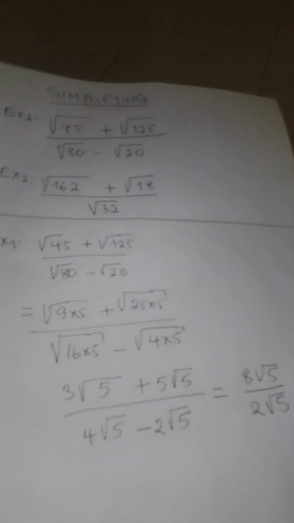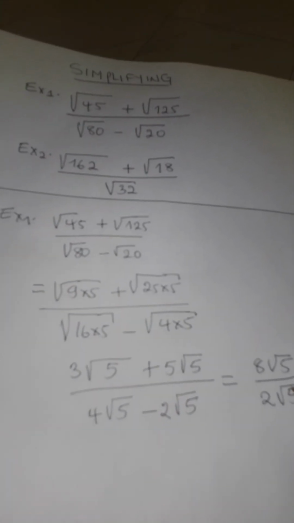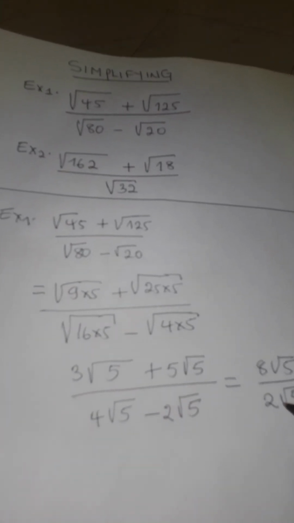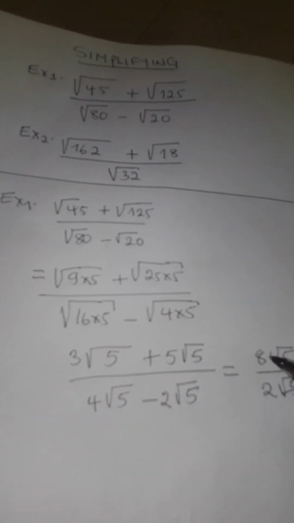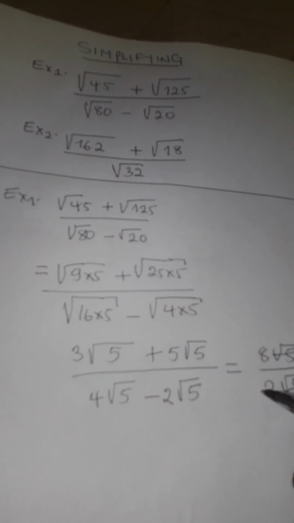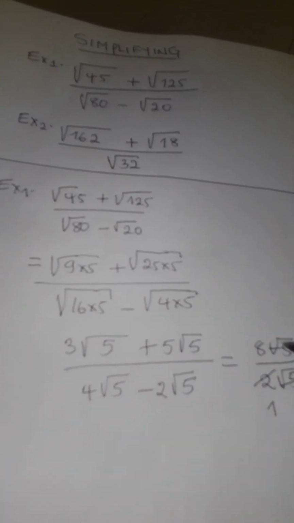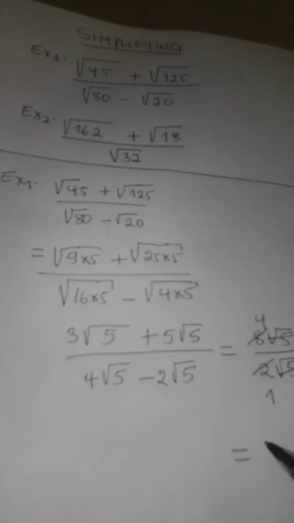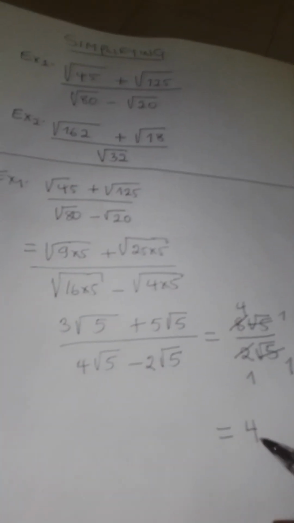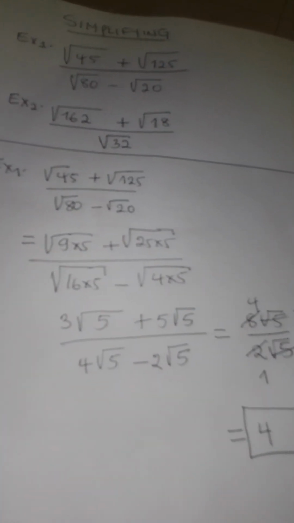Now here we keep simplifying: by root 5, 1, by root 5, 1, then by 2, 1, by 2, 4. Now the answer is equal to 4. This is the answer.